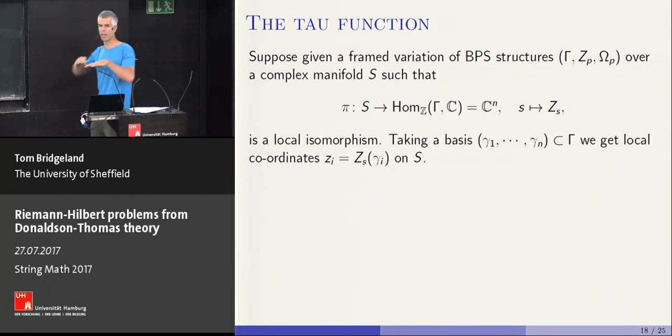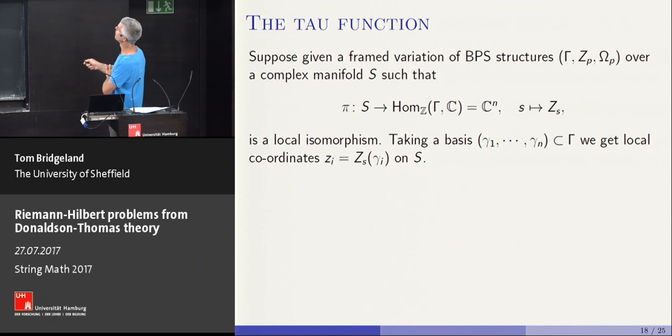So now I want to consider a variation of BPS structures. So my data is all varying, and I want to encode all the solutions to the Riemann-Hilbert problems in one function on the base. So let's imagine we're in this situation where we have what we discussed, a variation of BPS structures over the base, and I'm also asking that it's universal in the sense that the central charge is everywhere varying completely.